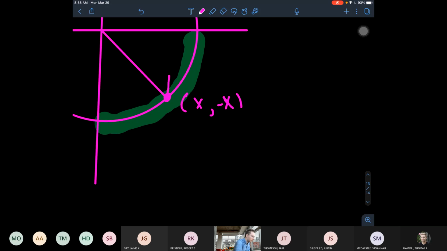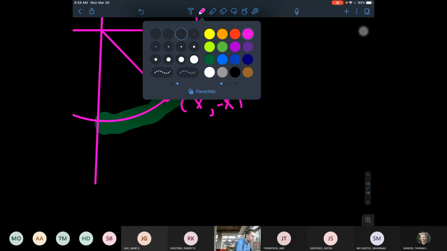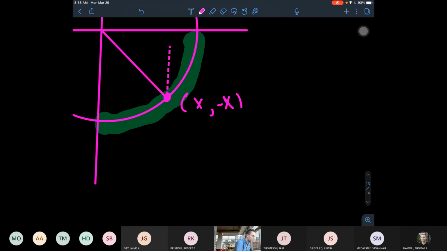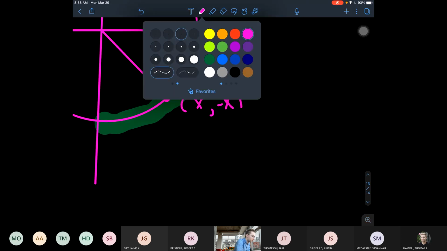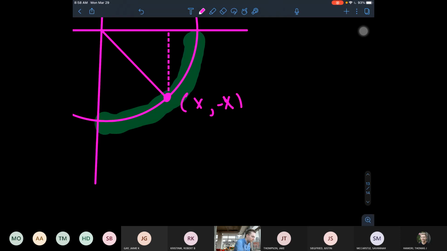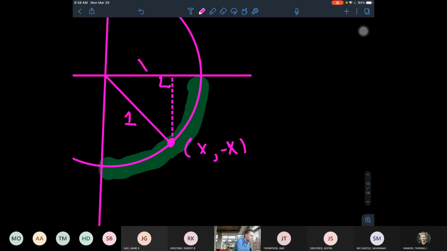So if I were to draw in, I'll use my dotted line as usual, my triangle here, then what properties does our triangle have? Our triangle has one side length which is 1, one side length which is x, and another side length which is the same as the first side length.